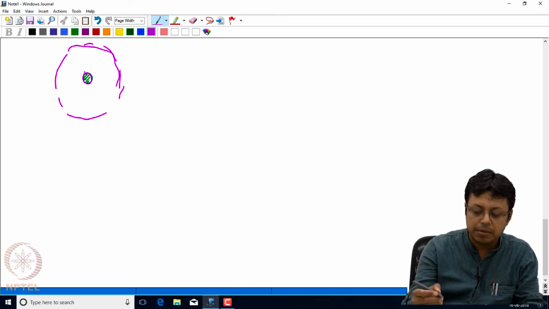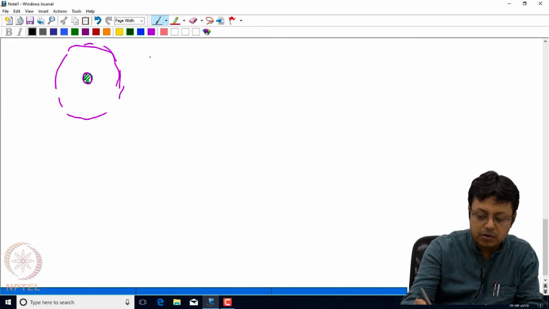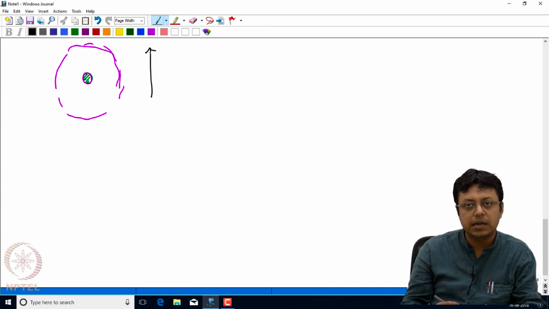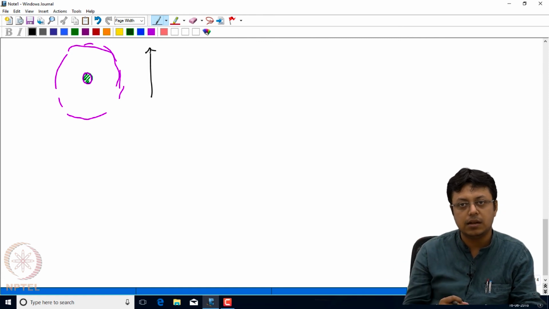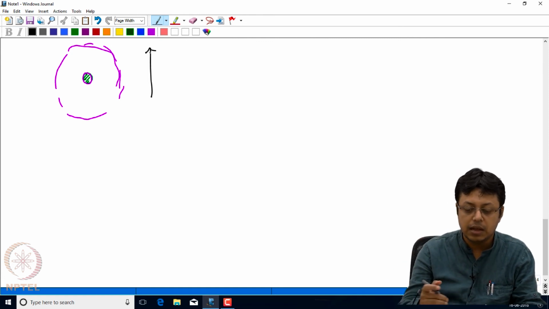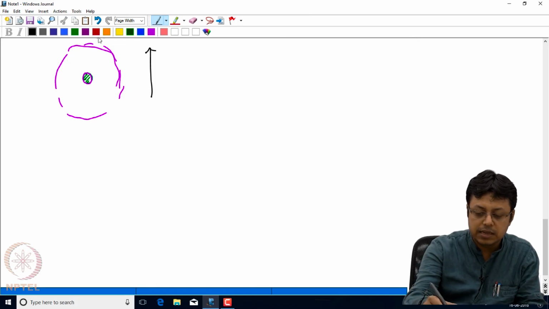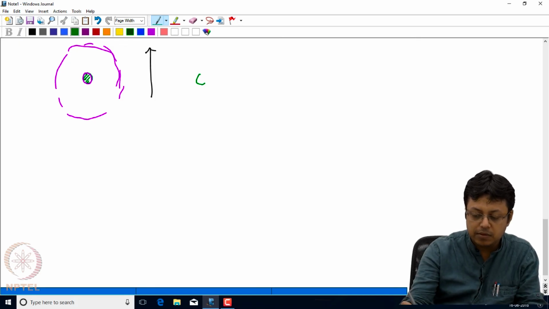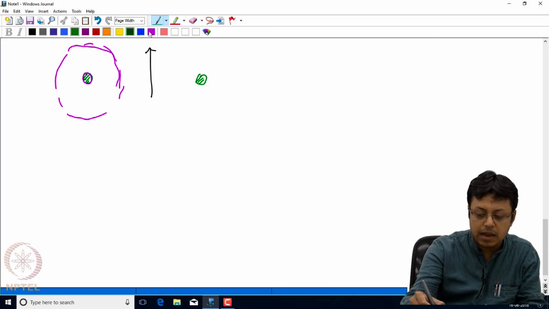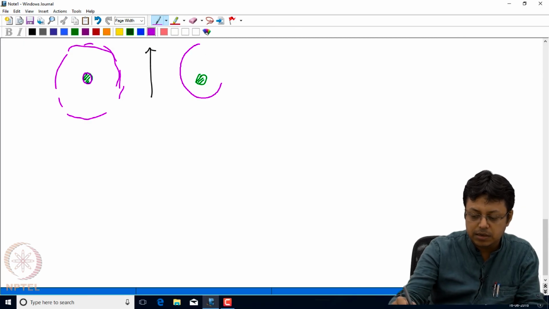Now, suppose we apply an external electric field along this direction, and the electric field, as you know, will push the electrons and the nuclei in opposite directions. As a matter of fact, what you will see is the positive end here, and the center of the electron charge will be slightly shifted, something like that.